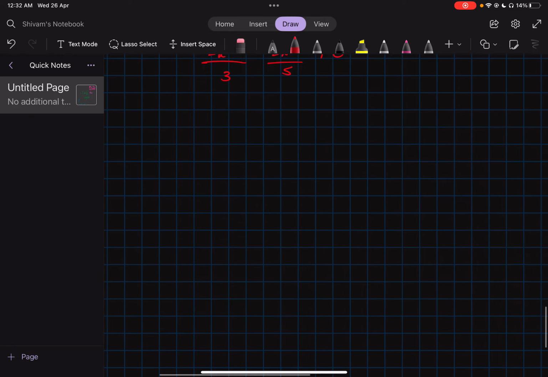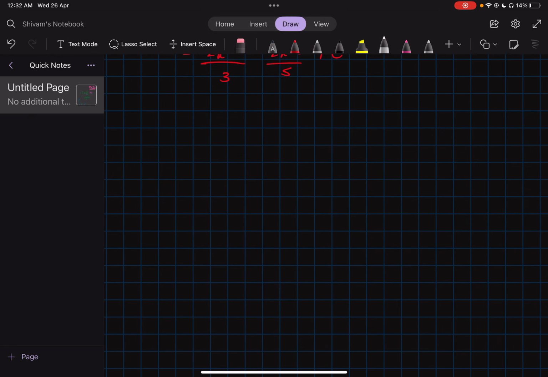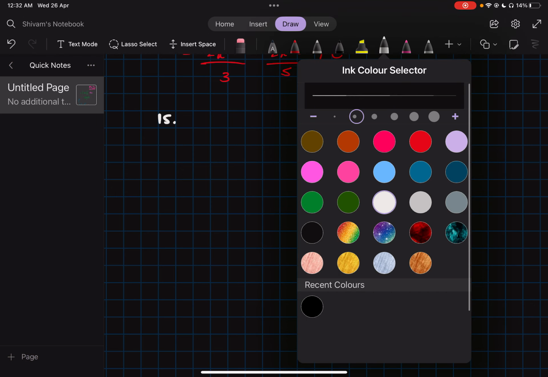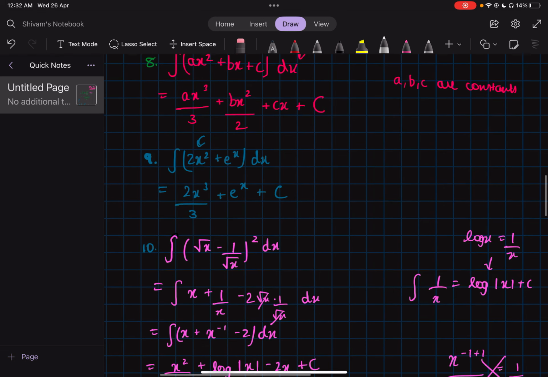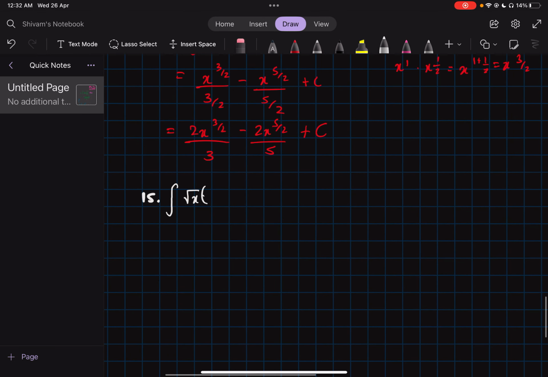Right. So for the 15th question, okay, so it's the antiderivative of root x, I'm sorry, 3x squared plus 2x plus 3 dx.